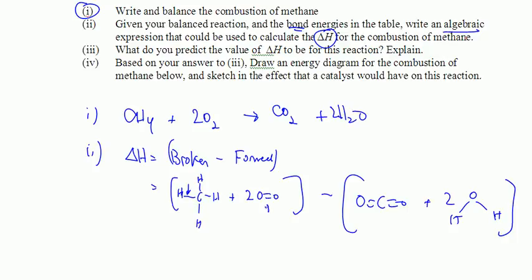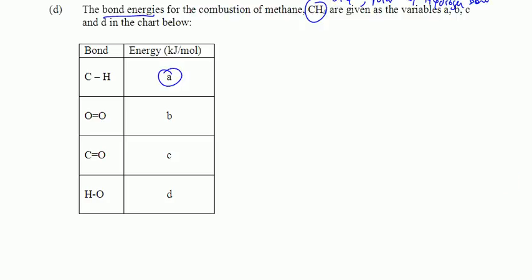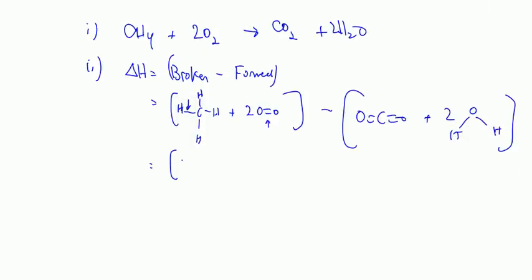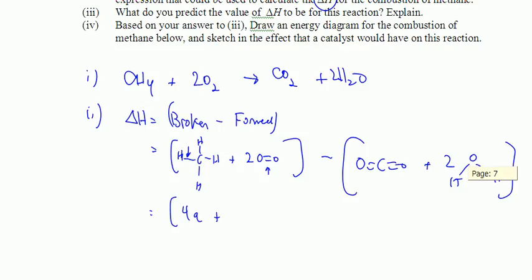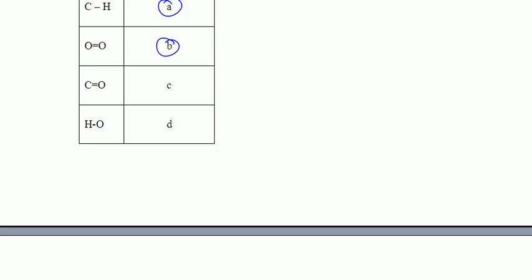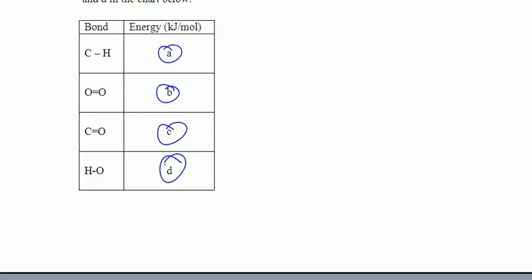So I need to get values for that. My value for the CH bond on the chart is A. So I'm going to get 4 times A. My value for the double O bond is B. So I'm going to get 2 times B, minus 2 of those C double bond O's, 2C, plus 2 of the OH's due to the coefficient, 2D.